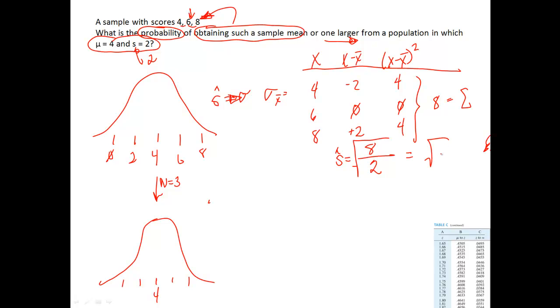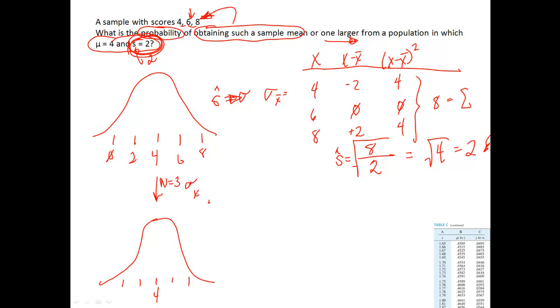The square root of 8 over 2 is the same as the square root of 4, which equals 2. You'll notice it conveniently matches what the problem actually stated. We'll do one in a little bit where it doesn't, but I think all of the ones in your concept check match. Pretty sure. All right, so I've got my S hat, but I'm not done with it.